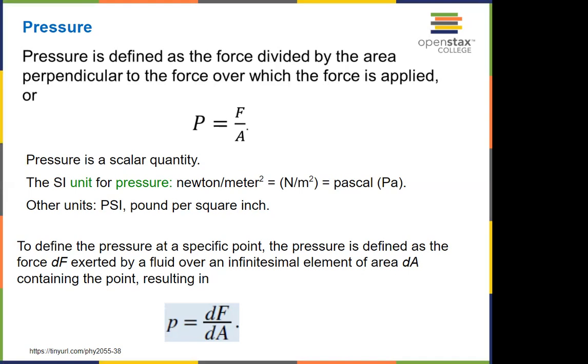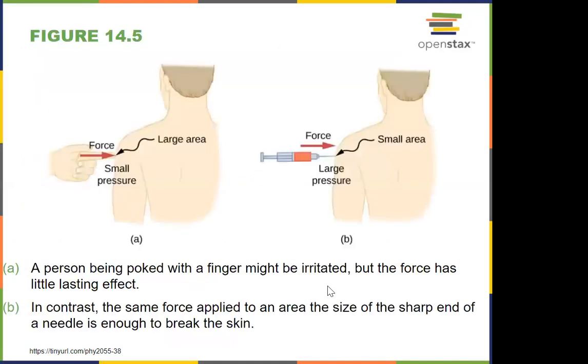So it's location dependent. From the definition, you can see F divided by A. If you have the same force but different areas, then for a small area you will get a larger pressure, versus for a larger area you'll get a smaller pressure.